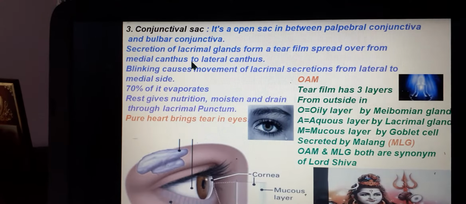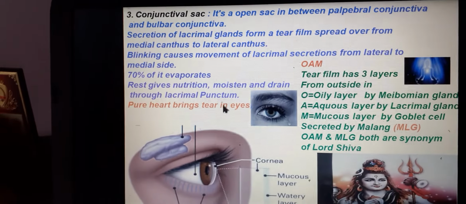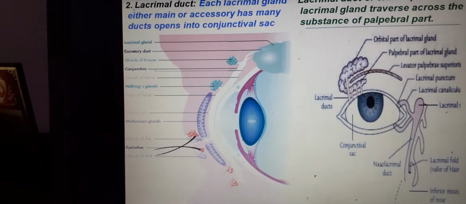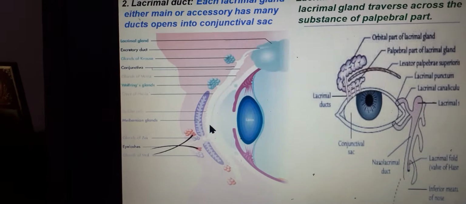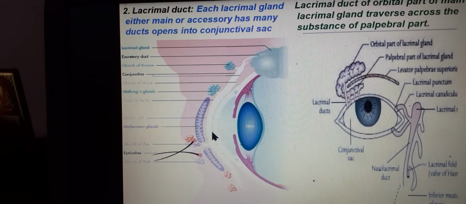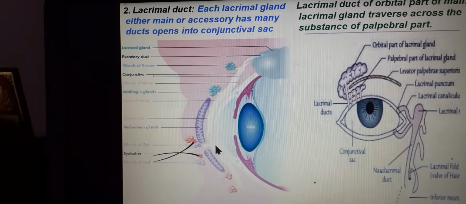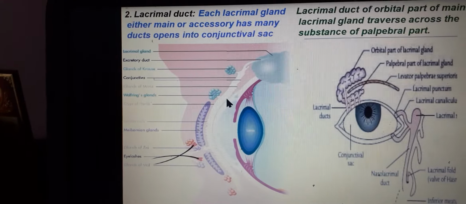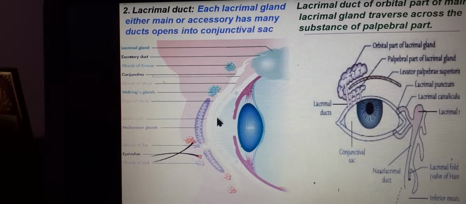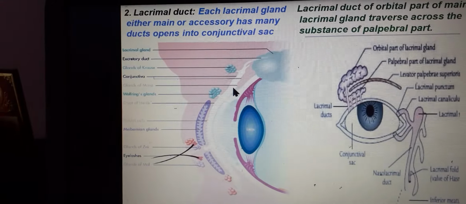Coming to the third component, that is the conjunctival sac. This whole is the conjunctival sac. Conjunctiva is what? It covers the eyeball.